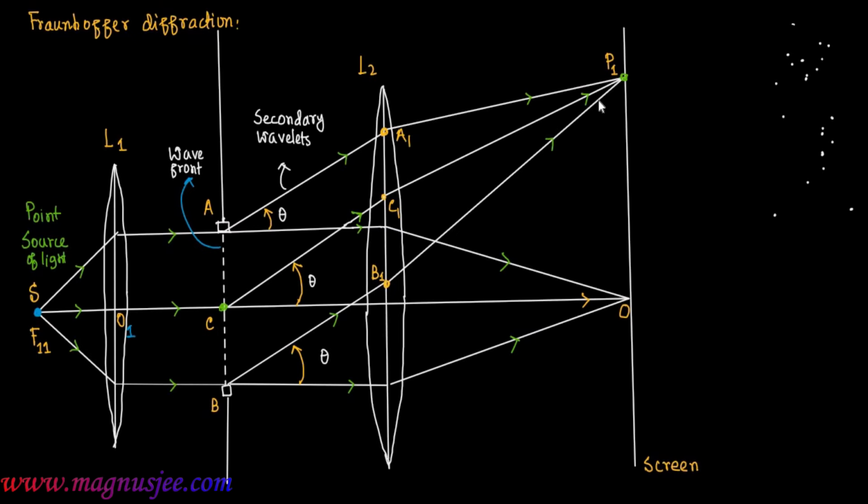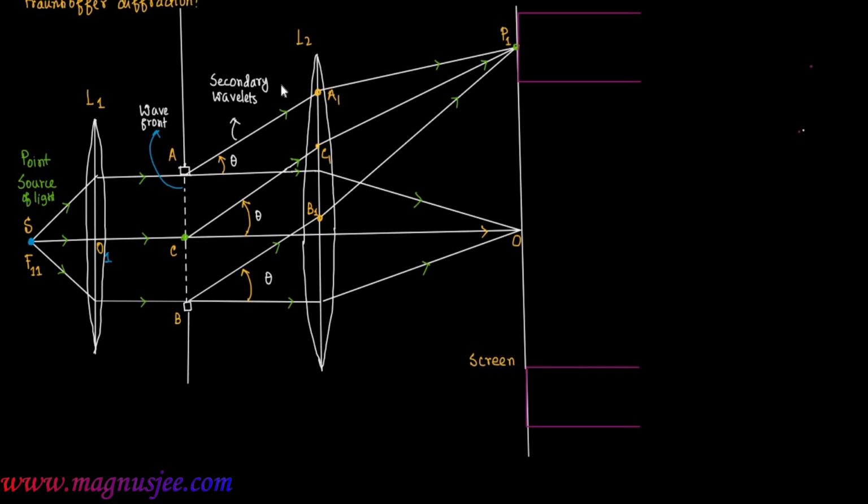Finally, secondary wavelets after refraction through the convex lens converge at the point P1, and at the point P1 we get a dark fringe or first secondary minimum. Similarly, in the lower portion we get a secondary minimum, and in this region we get the central maximum.